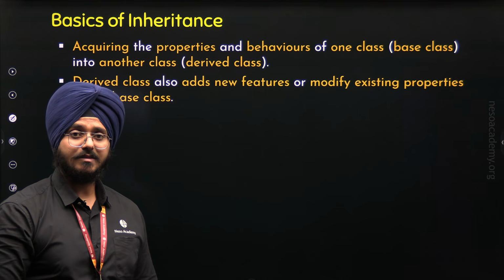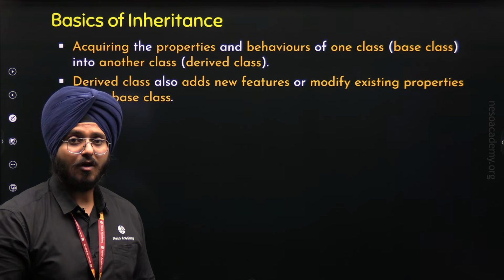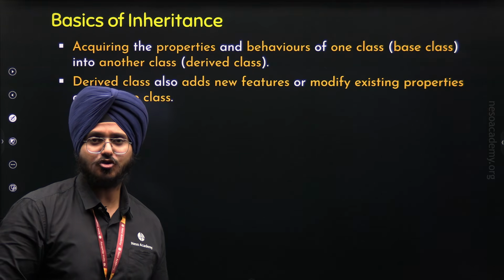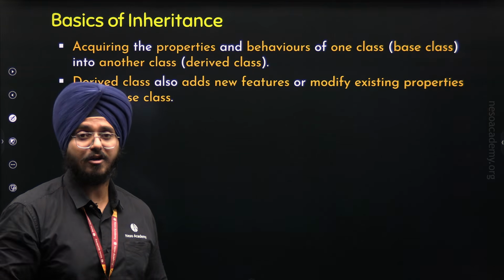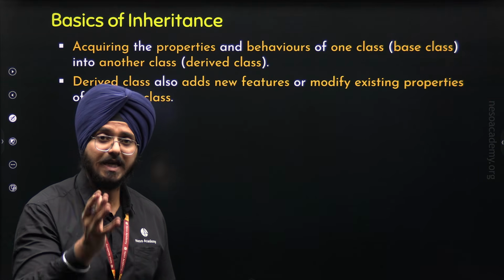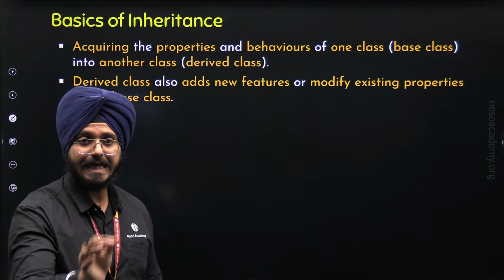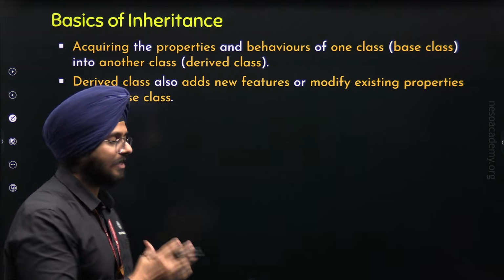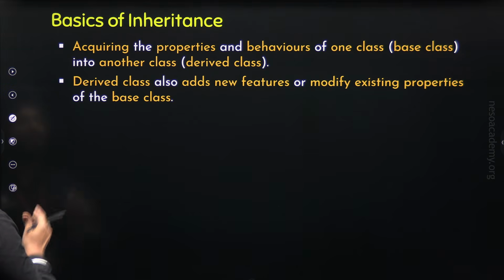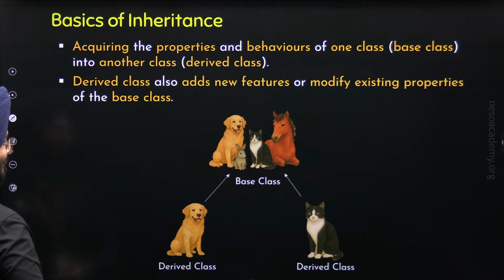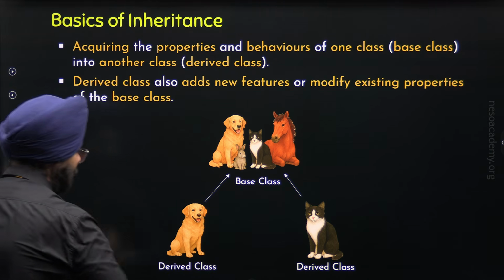Apart from accessing the properties and behaviors from the base class, it also adds its own unique features, or it may modify the existing features of the base class. This is possible with inheritance. Now let's take the same analogy to understand how inheritance looks like in C++. Here is the same analogy.